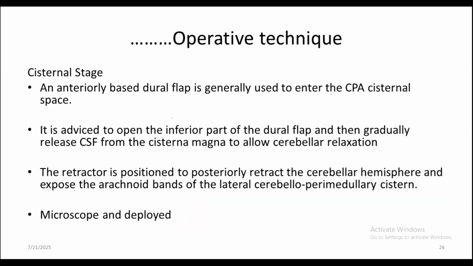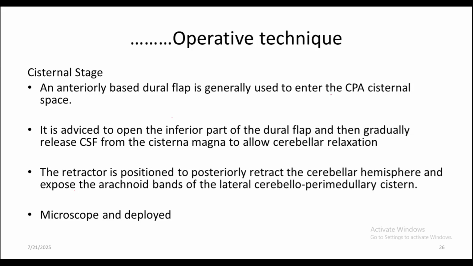So the dura is usually placed anteriorly, and this corridor that is created is now enough to enter into the CP angle. And retraction of the cerebellum is generally avoided. However, if it is necessary, it is usually applied gently, and dynamic retraction is what is advocated, using just a suction nozzle to retract the cerebellum.